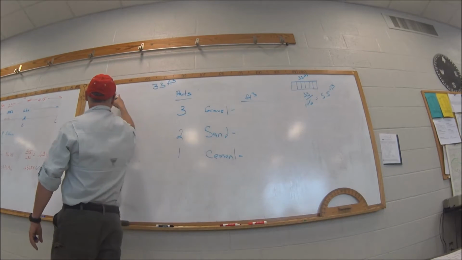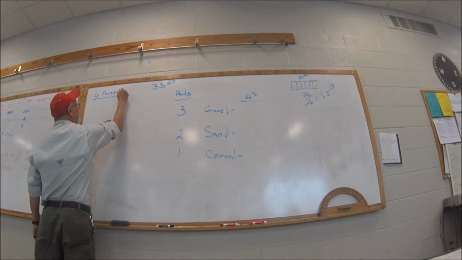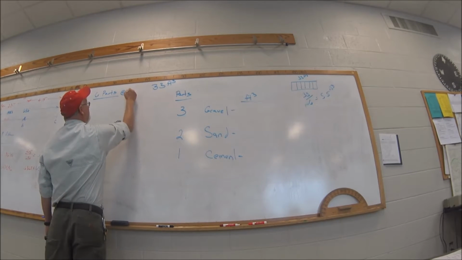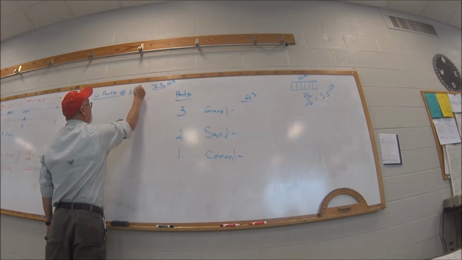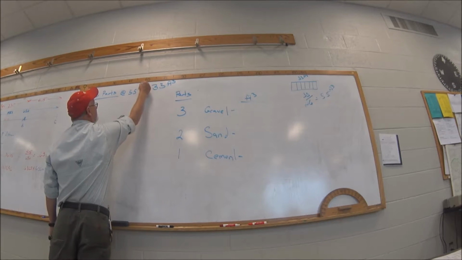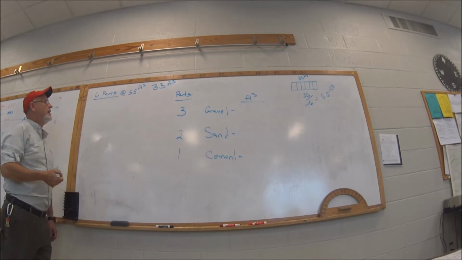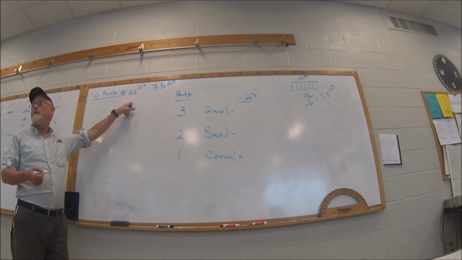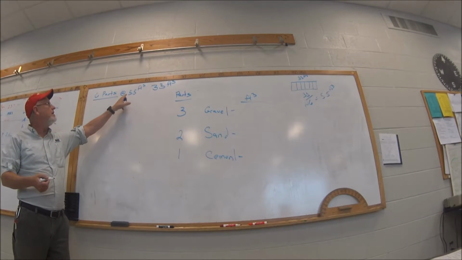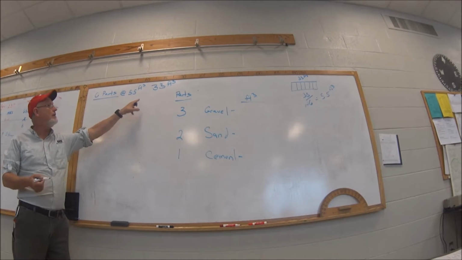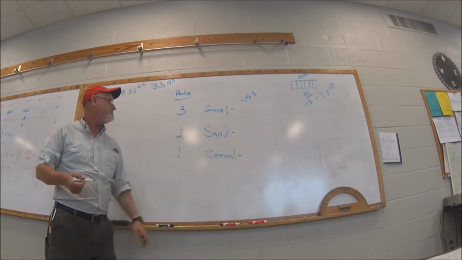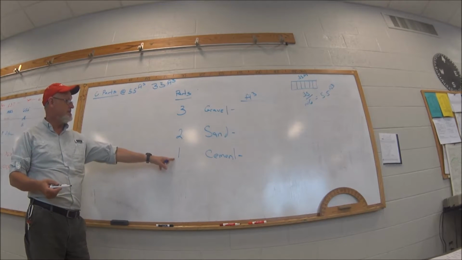So that's what a part equals. So we have 6 parts at 5.5 feet cubed. Now that you know how much a part is, you know how much cubic feet's in a part, you can figure these out. This one's easy, right?